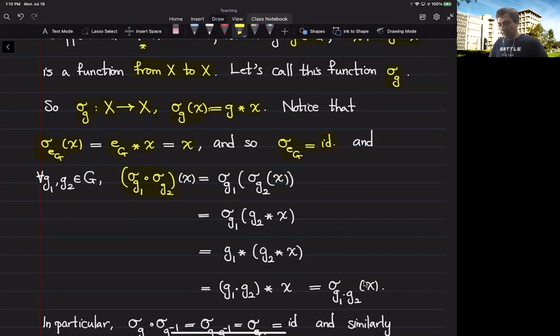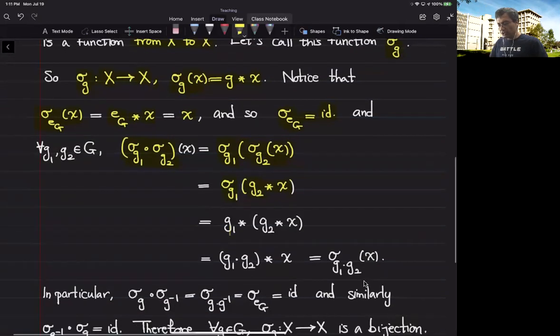That means I'm first letting G2 act on X and then letting G1 act on X. But let's actually explicitly write it down. Sigma sub G2 of X is what G2 does to X. And then I apply this one to this point, and that means what G1 does to what G2 had done to X.